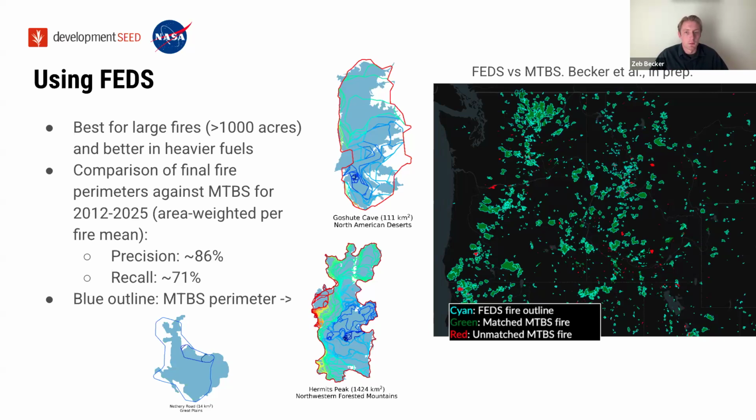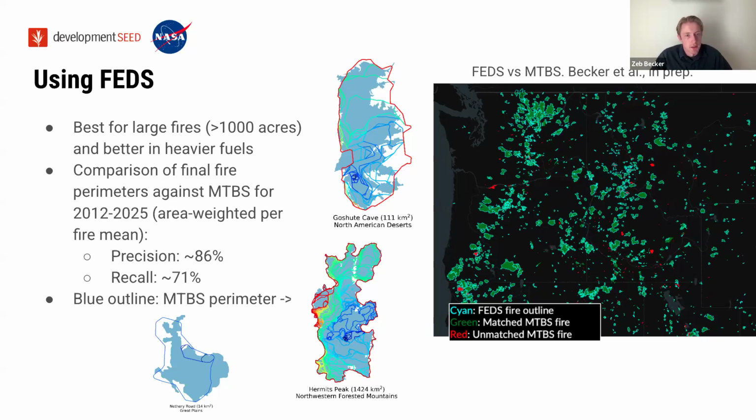And then recall was 71%, which means that FEDS saw about 71% of the area that MTBS classified as burned. That lower recall, if you dig into it more, is not bad at all in timber fuel types, but it's really driven by low recall in those light, flashy fuels that we mentioned earlier.